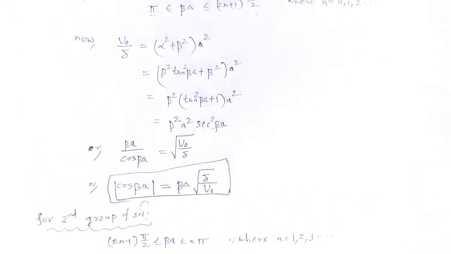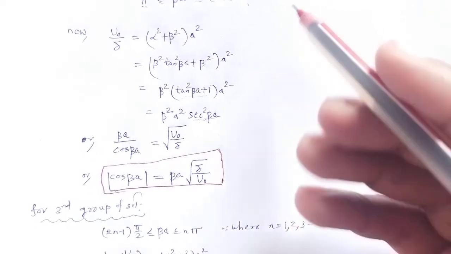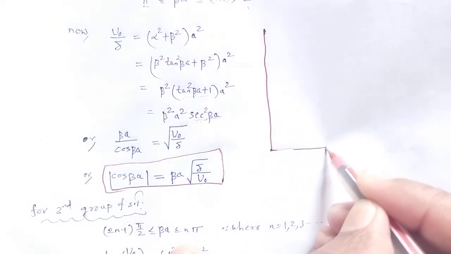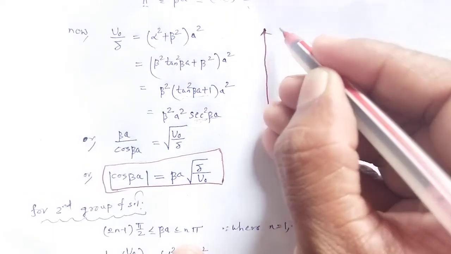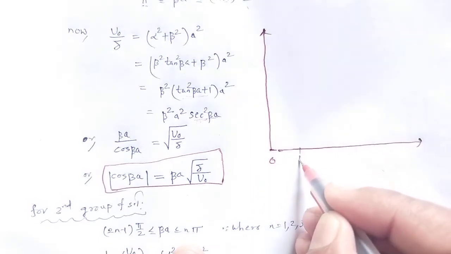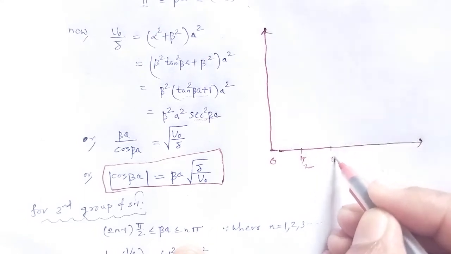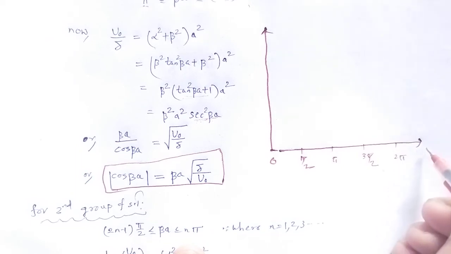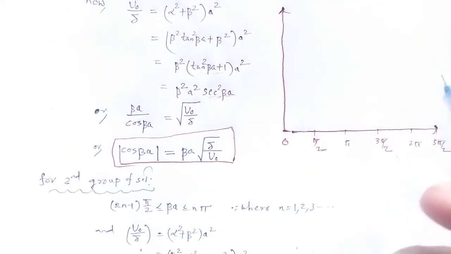What we have here, when we draw a graph: zero, here we take pi by 2, pi, 3 pi by 2, 2 pi, and 5 pi by 2. So cos beta a and sin beta a are treated like this.